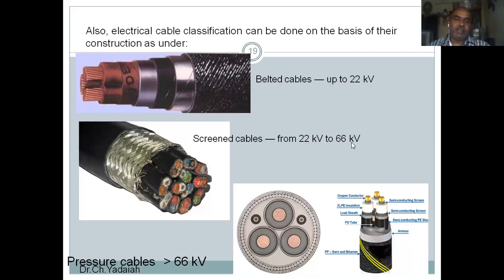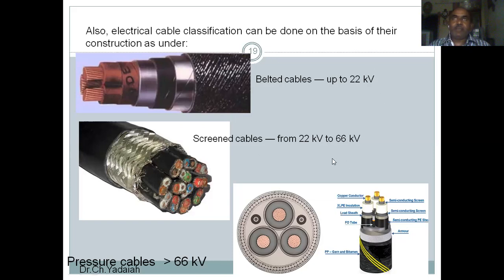And the pressure cables are utilized for more than 66 kV, where the cables are filled with oil or gas as an insulation as well as the cooling medium. Hence, if voltage increases, more insulation is required.